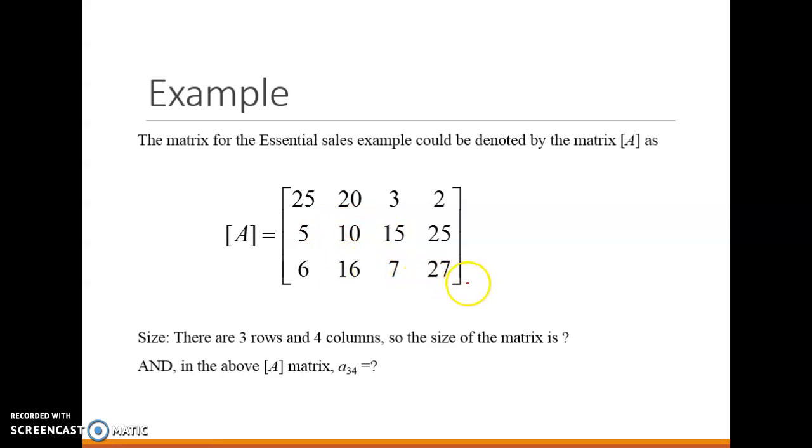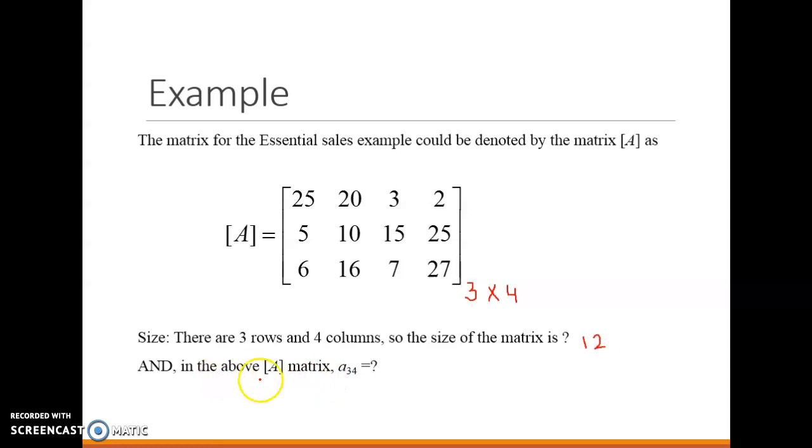So 3 are the rows, and how many columns? 1, 2, 3, and 4. So there are 4 columns. This is how you write m into n, and to calculate the size, 3 into 4 is 12. So the size of the matrix is 12.